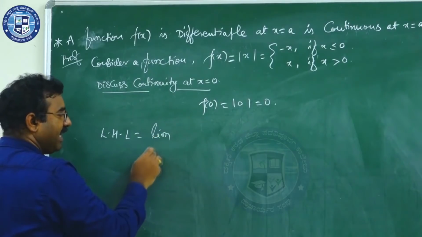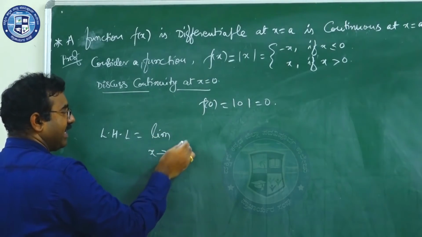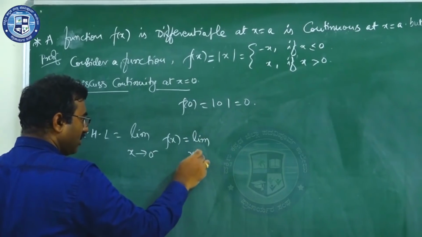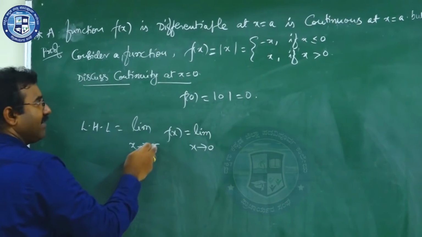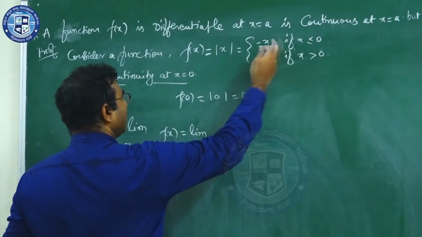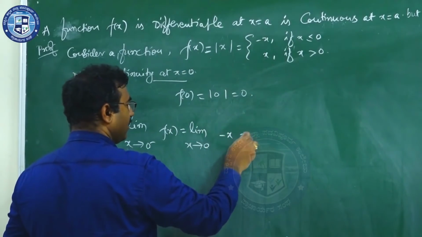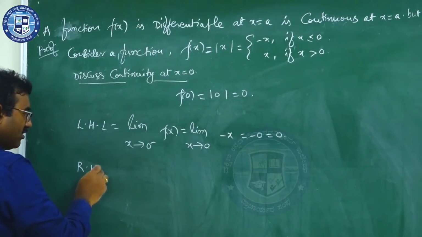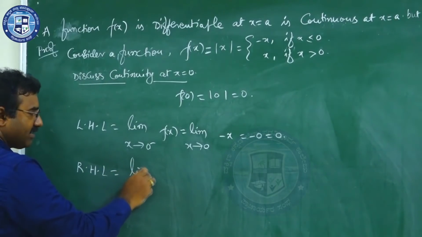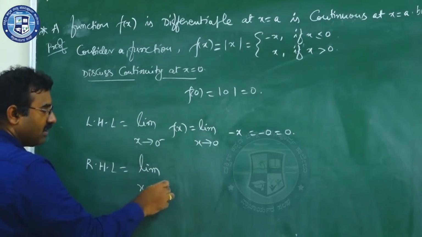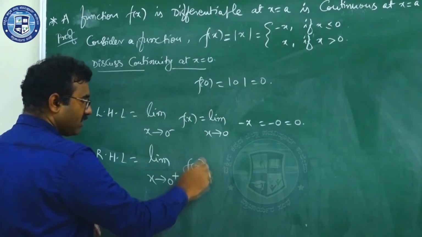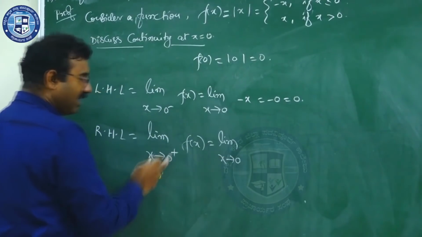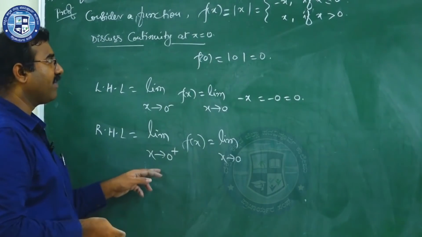Limit x tends to 0 minus f(x), means x is approaching 0 from left. At the time you have to take x less than 0, so minus x, minus 0, 0 it is. And right hand limit, limit x tends to 0 plus f(x), means x is approaching 0 from right side.